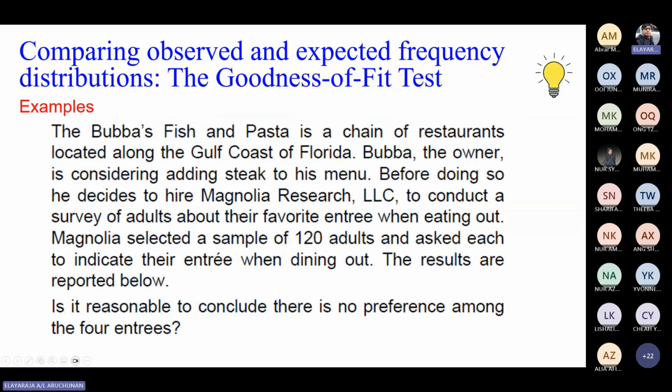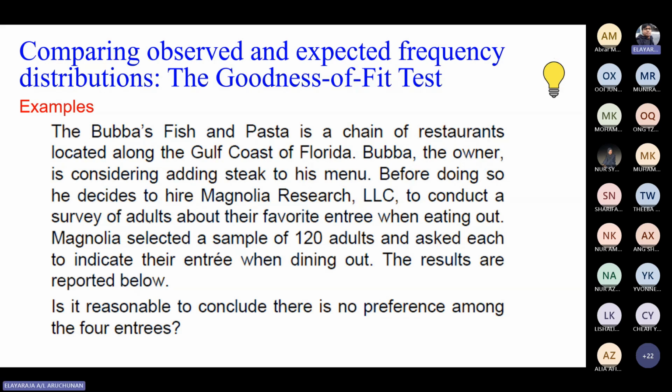Now take a look at this example. Bubba's Fish and Pasta is a chain of restaurants located along the Gulf Coast of Florida. Bubba, the owner, is considering adding steak to his menu.